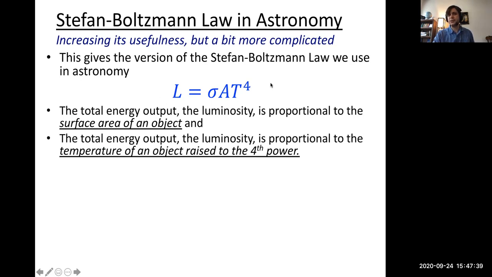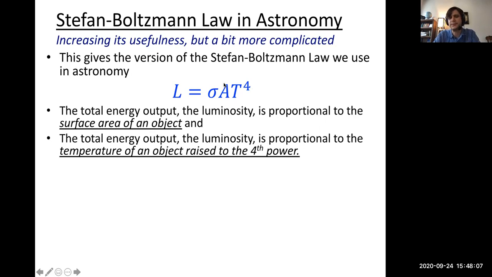So I can get the total luminosity equals this equation right here. This is what I call the astronomer's version of the Stefan Boltzmann's law. Notice that it's still the energy per second. Luminosity is proportional to the temperature to the fourth power. But we have the total energy output, the luminosity is proportional to the surface area of the object.